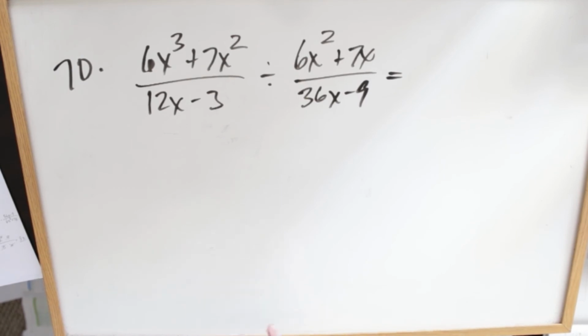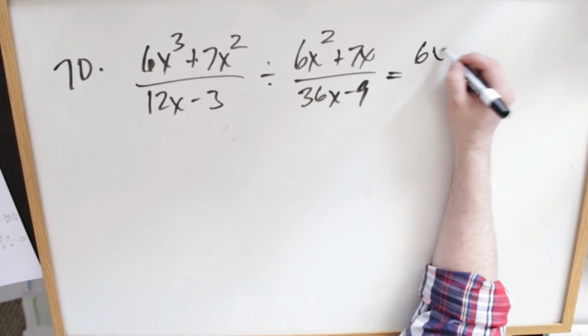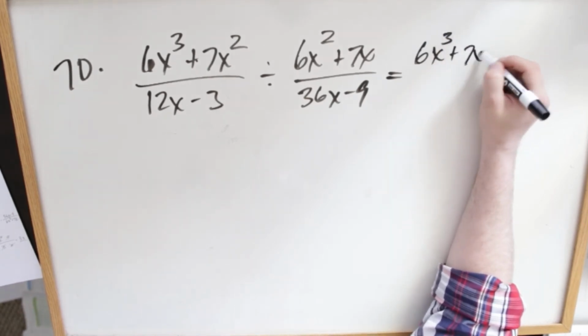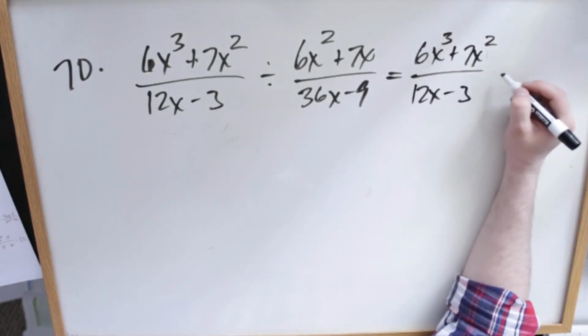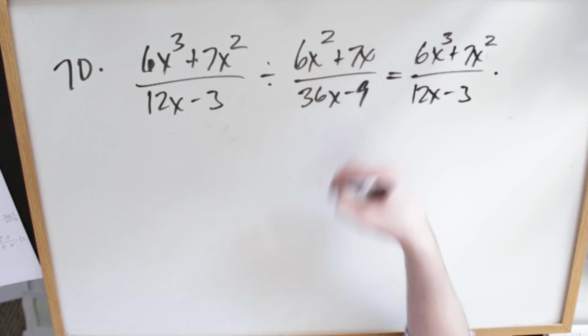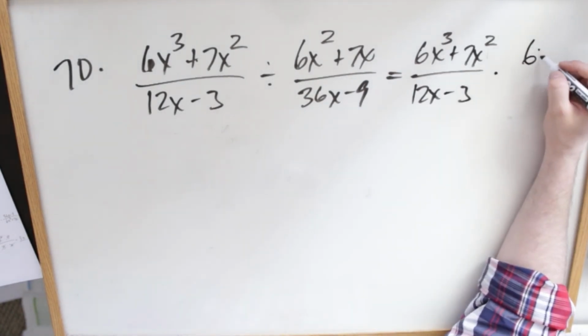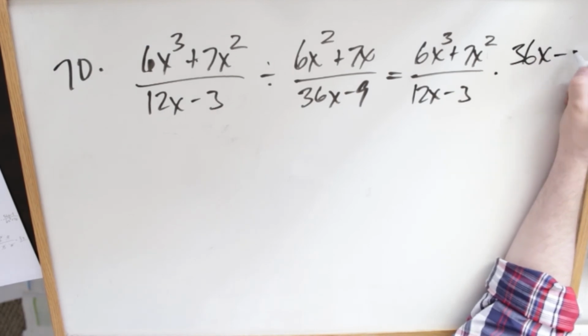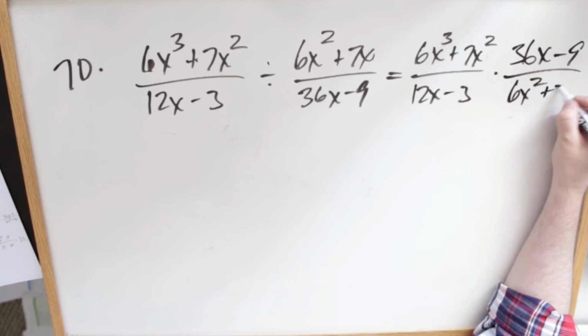I'm going to completely rewrite this. We'll take the first part just as it is, plus 7x squared all over 12x minus 3, and we're going to multiply by the flip. So we're going to flip this. We're going to take the reciprocal and multiply it. So this will be 36x minus 9 all over 6x squared plus 7x.